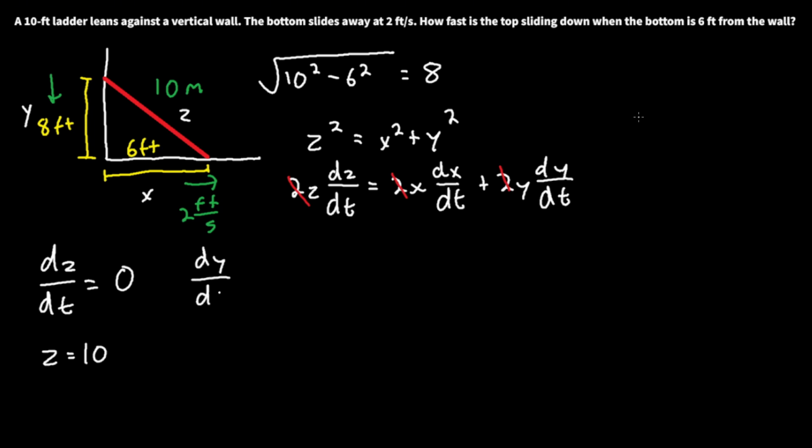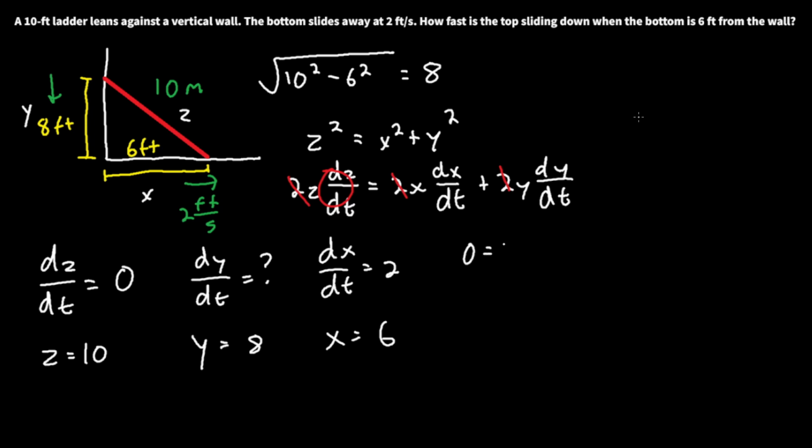dy over dt is unknown, but y is known, which is 8 feet, right? The ladder's 8 feet up the wall. dx over dt is known. It's 2 feet per second. And x is known, which is 6 feet from the wall. So what can we do? Well, we know that dz over dt is 0. Therefore, the z term is also going to be zeroed out.